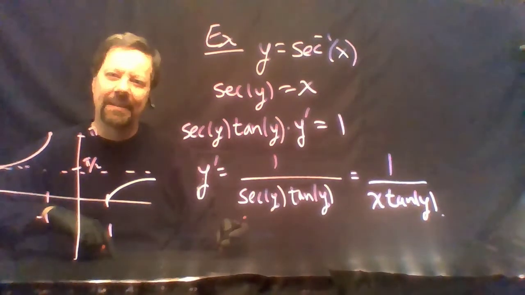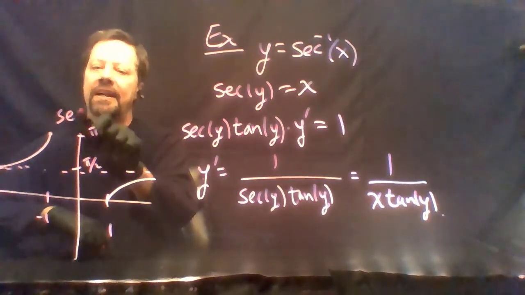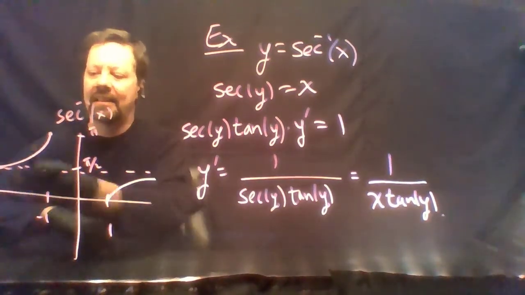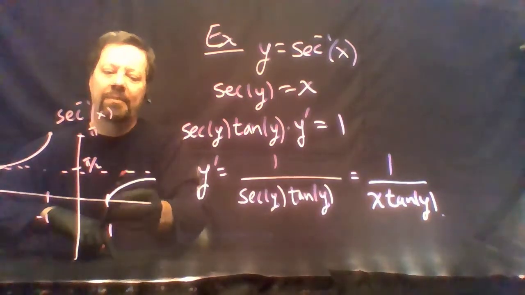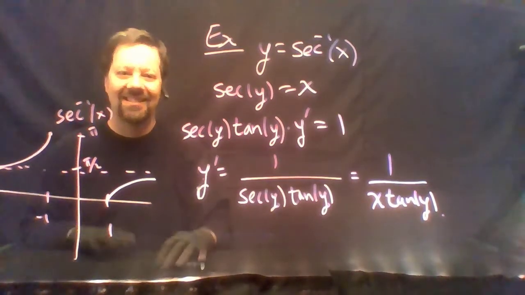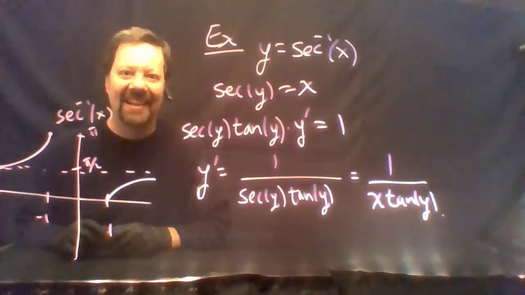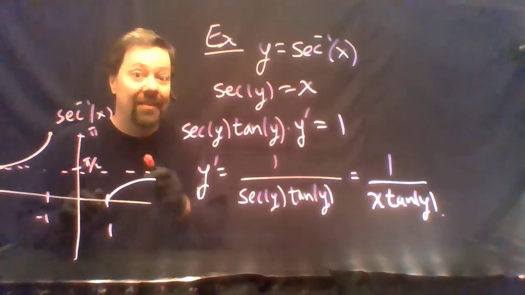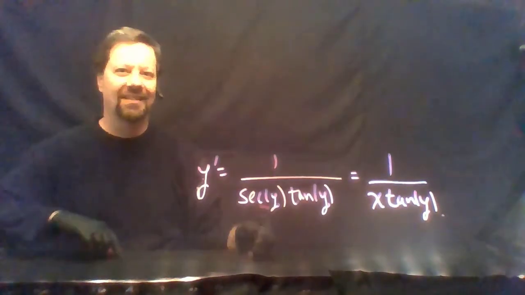Note something about this. This is the graph of inverse secant. The slopes are always positive wherever they exist. That's the salient fact I needed to point out from the graph. The slopes are always positive.